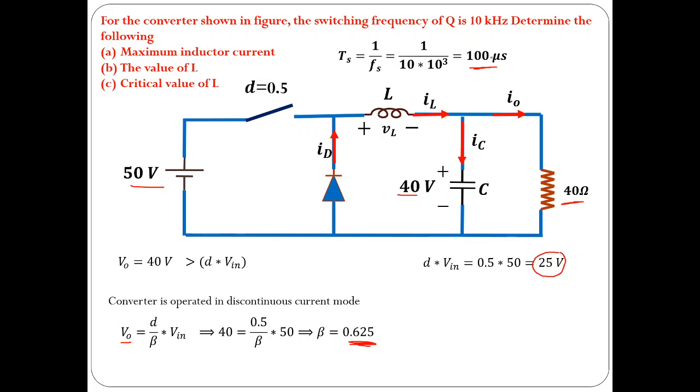What is the remaining time in one switching period? 50 plus 12.5 is 62.5, compared to 100, the remaining time is 37.5 microseconds. During the remaining 37.5 microseconds, the current through the inductor is going to be 0, and the voltage across the inductor can also be taken as 0.